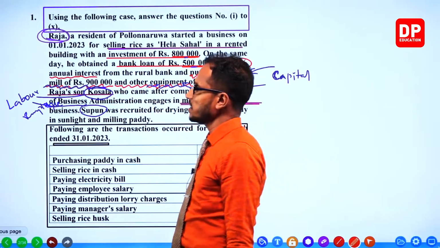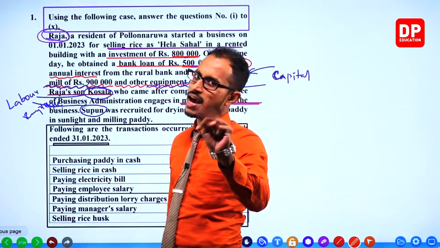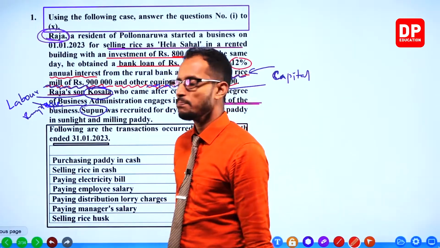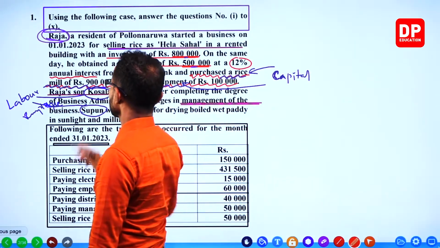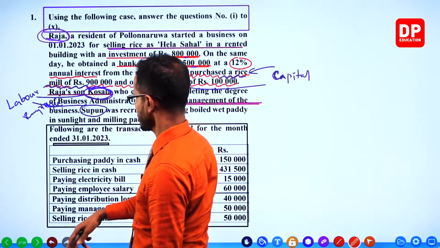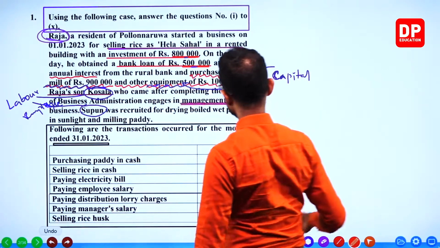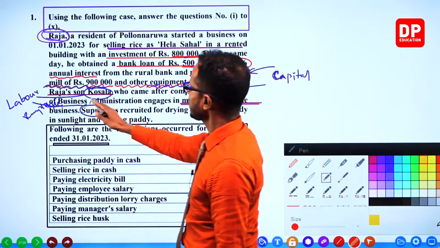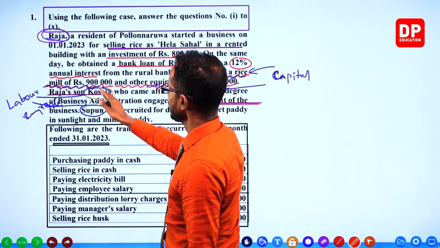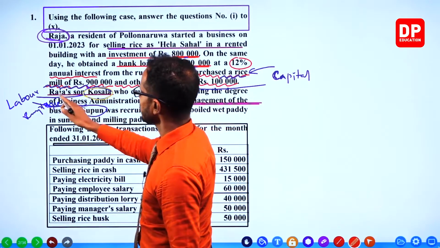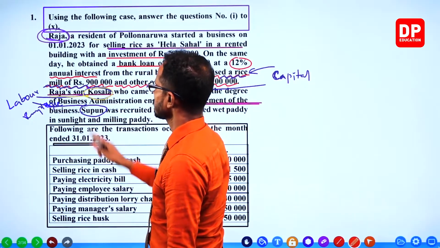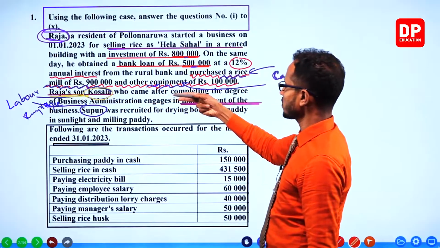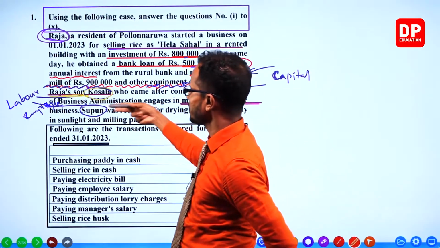We have Kosala, the son, educated guy, doing the management. Educated, qualified managers. Isn't it? Of course. He is an educated guy. He is coming after completing his degree in business administration.